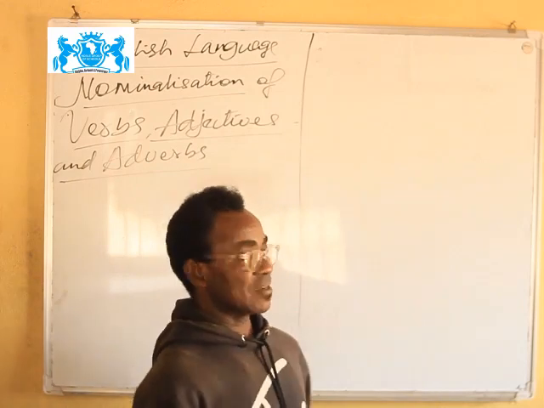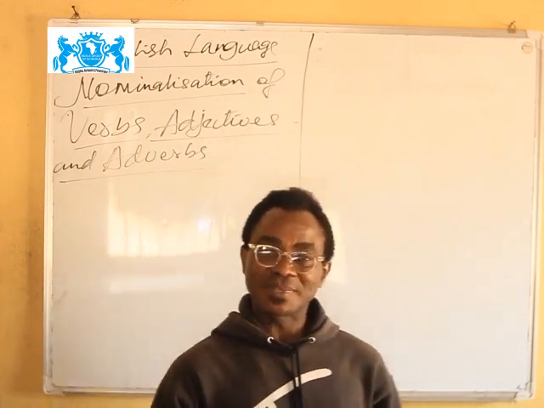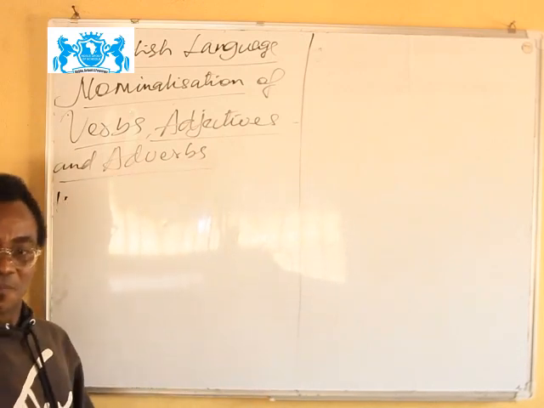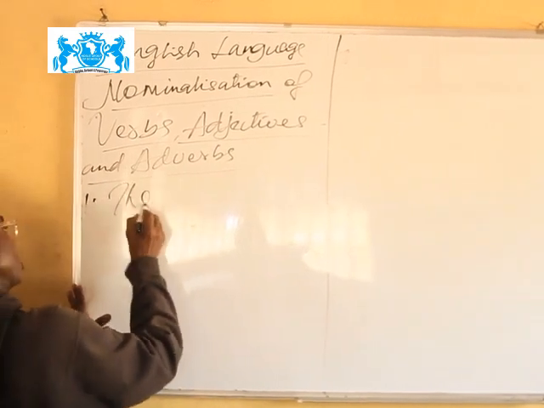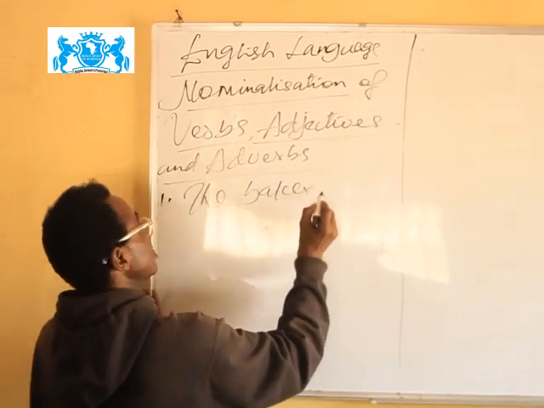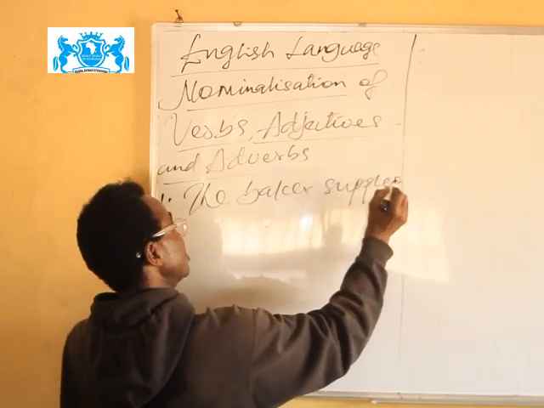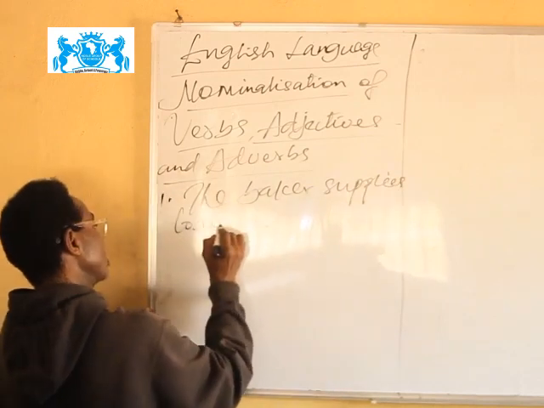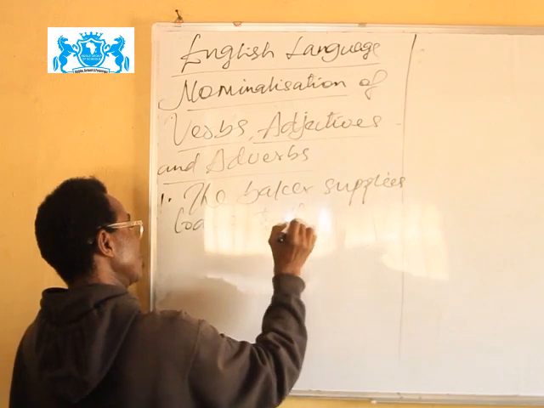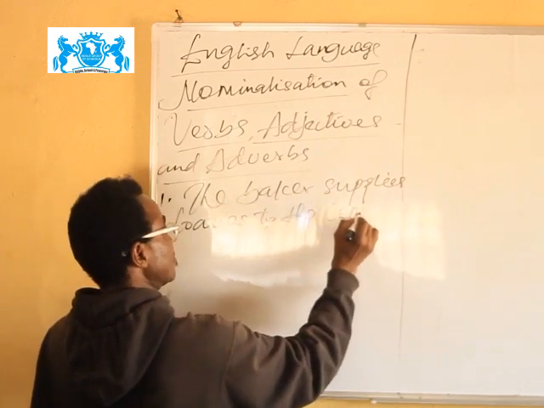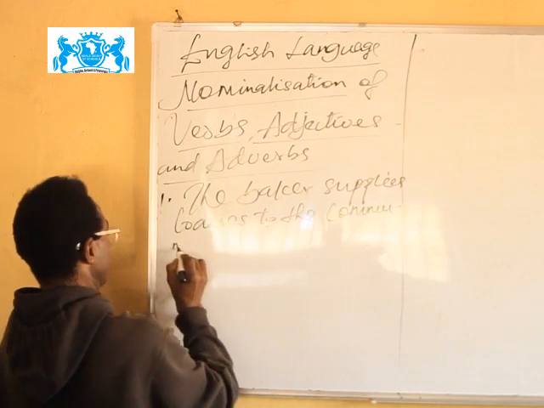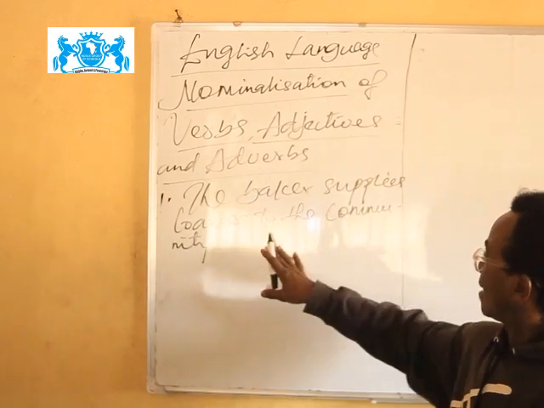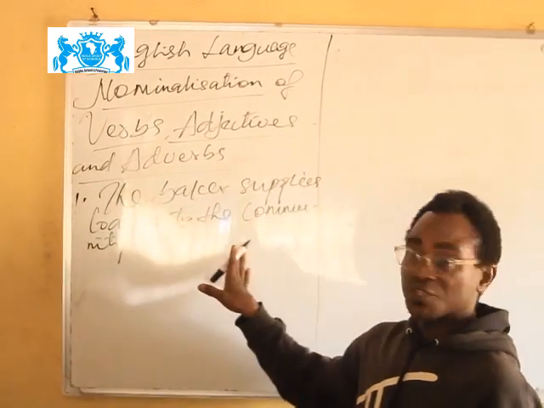A second question is, what are nominals? Now let me illustrate this by making our first sentence. This sentence says, the baker supplies loaves to the community.